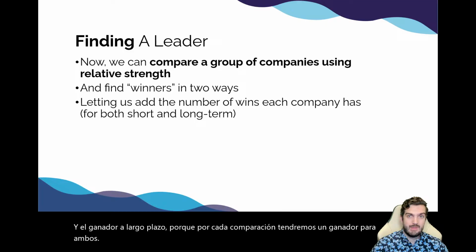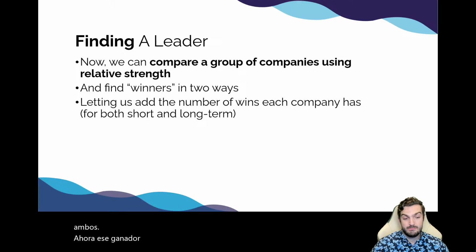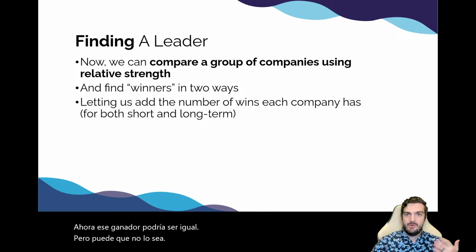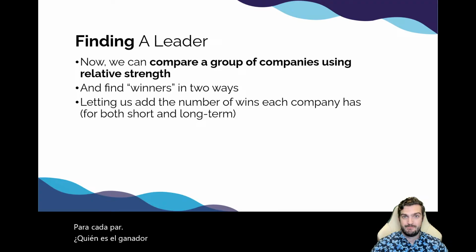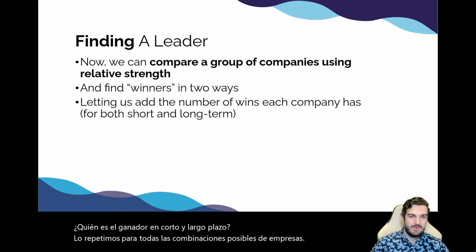Now, that winner might be the same, but it might not be. So we figure out for each pair who is the winner for short-term and long-term. We repeat that for every possible combination of companies, and we add up their number of wins.